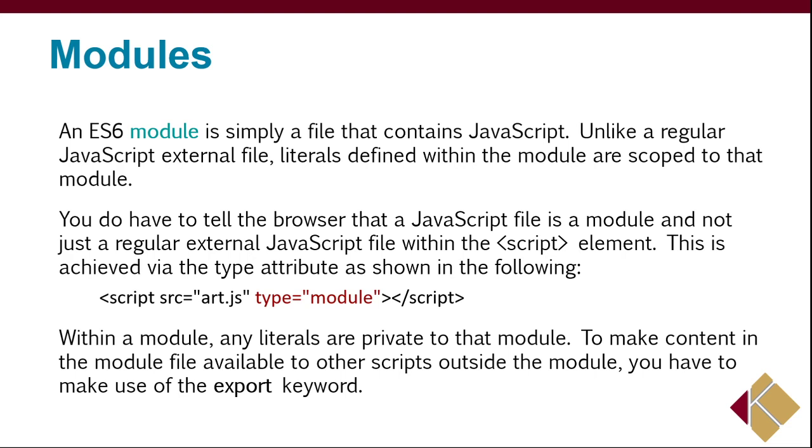So, if you have module A that has a function called do this, and then module B with a function called do this, then you can use both of those as long as you use the attribute in there. Okay?